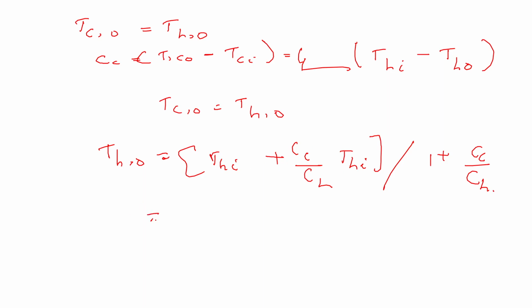Now here also you just substitute the values. It will be (85 plus half times 15) degrees Celsius divided by (1 plus 1 over 2). So it will be 61.7 degrees Celsius.